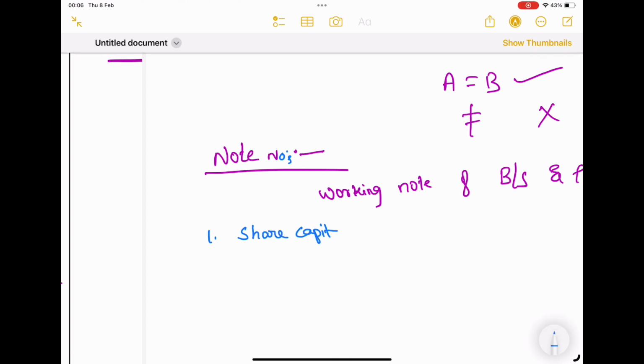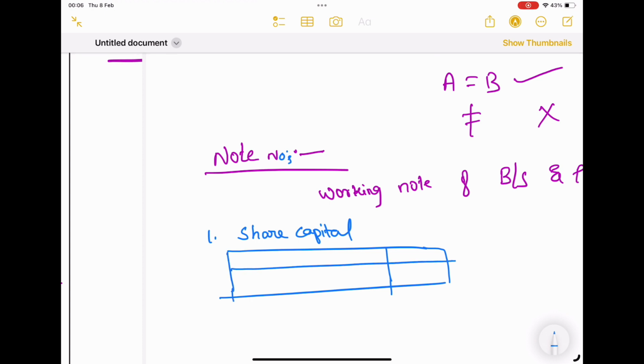If you have time for this also, you have to write the particular amount. In this way we have to write the particular amount for each. Around 1 to 14 notes are there. So the first note is always share capital. So equity share capital amount 5 lakh.